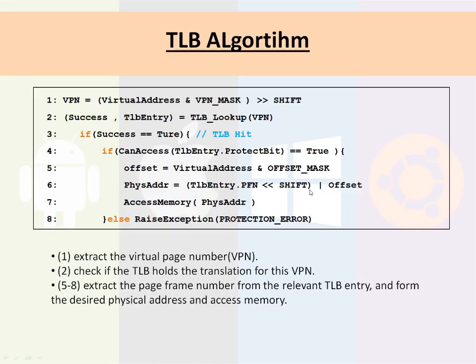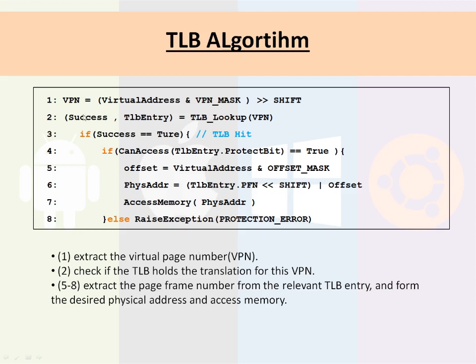So how does this look in terms of our overall picture? Now our algorithm with respect to address translation is slightly different because we need to incorporate this TLB component. Here we can see what happens. On line 1, we extract the virtual page number just like we did before. On line 2, we check to see if the TLB holds the translation for this VPN.